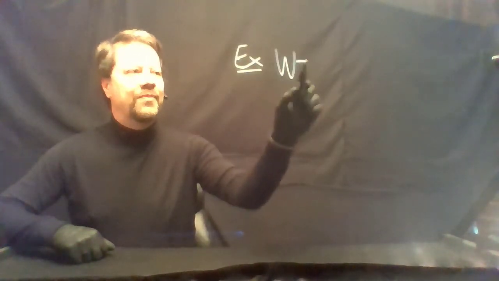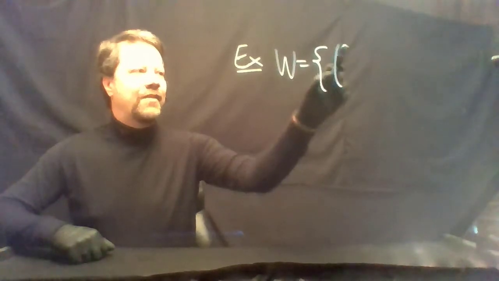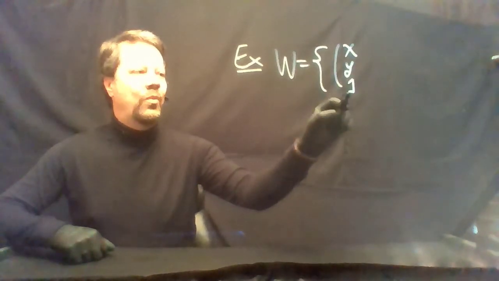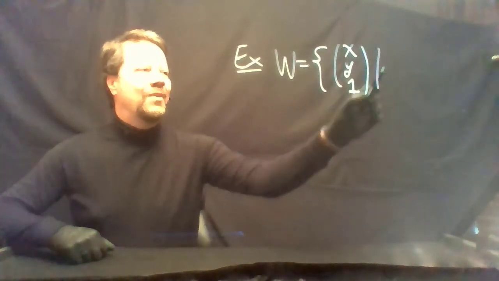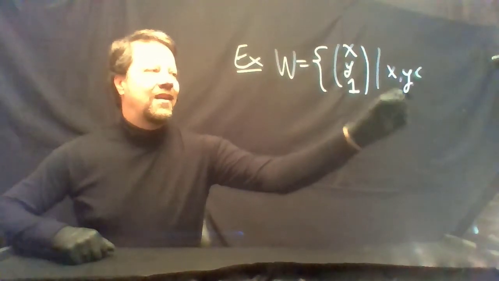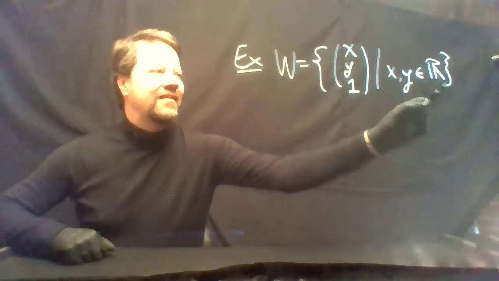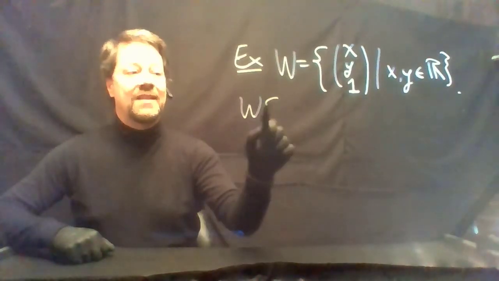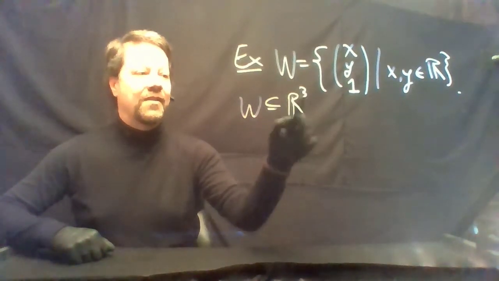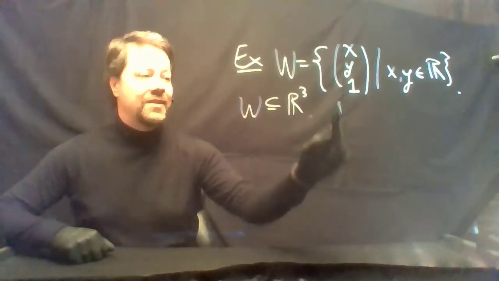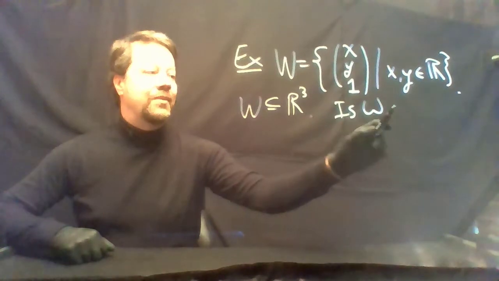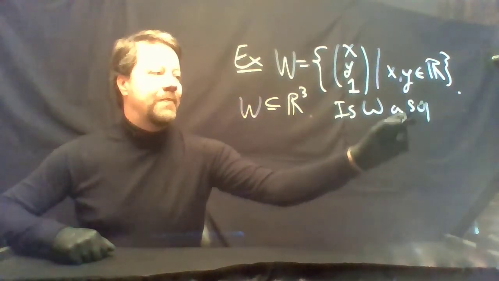As a next example, let's suppose that W is the set of all (x, y, 1). x and y are real numbers. W is a subset of R3. The question is, is W a subspace?